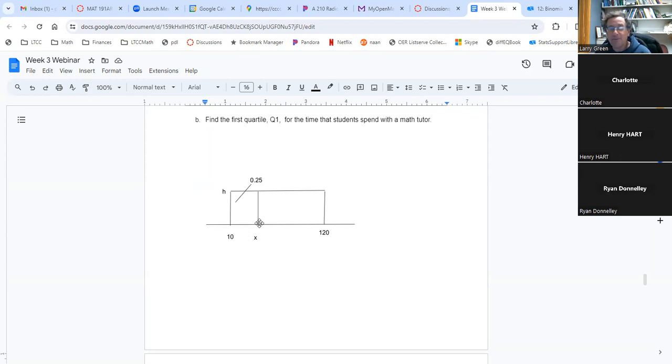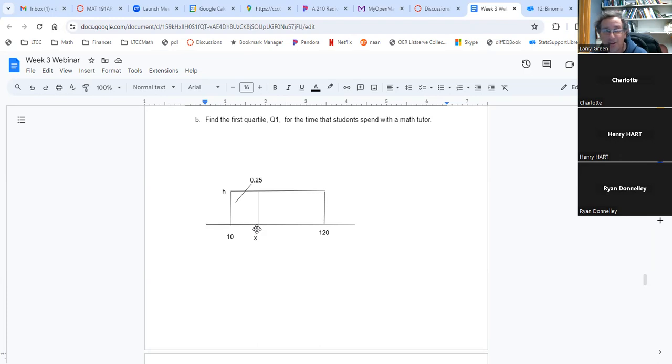So I want to stop and make sure, are there any questions on the picture? Because you need to know how to get this picture down. Okay, now that we have this picture, we can start using the area is the base times the height. What's x? x is the first quartile.